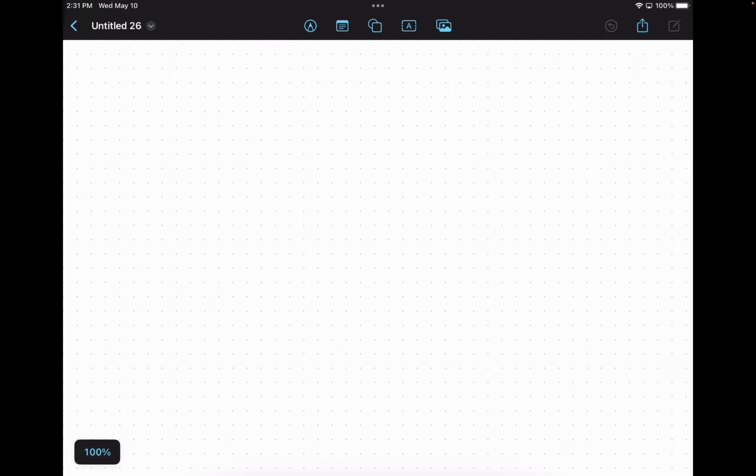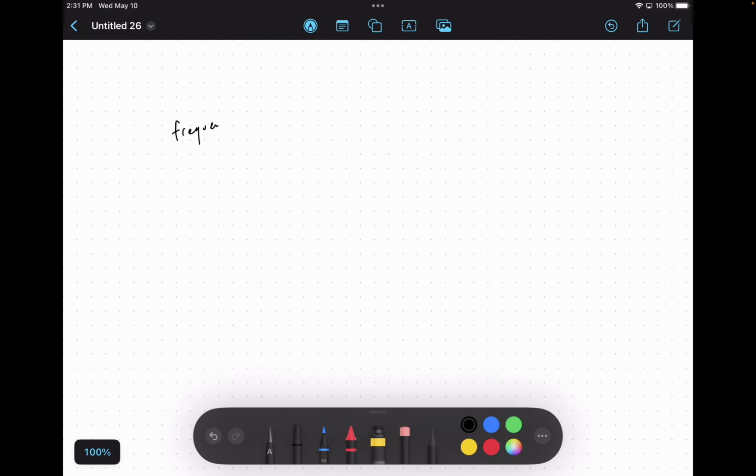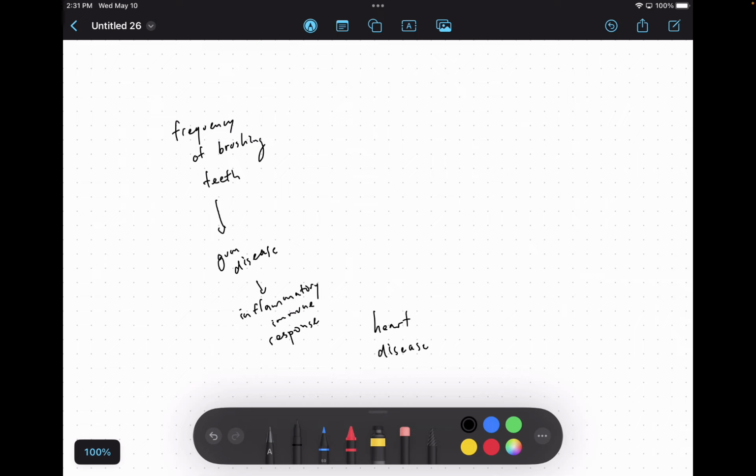Frequency of brushing teeth leads to gum disease. This can lead to an inflammatory immune response, and ultimately leads to heart disease.